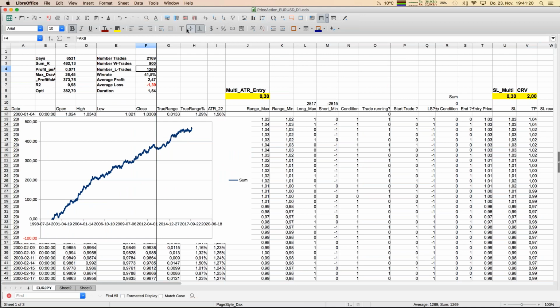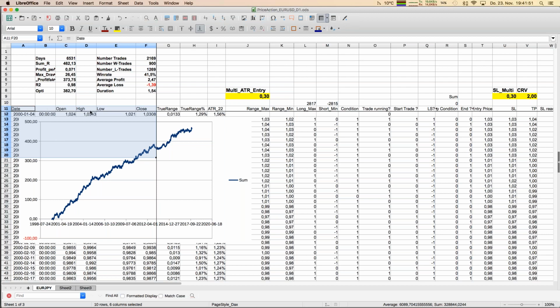Everything is the same kind of formulas, the same kind of Excel sheet. All you have to do is fill in new price histories at the very beginning here. And you see I have already prepared one column for times. If you go for intraday candles, then you get that column filled as well.